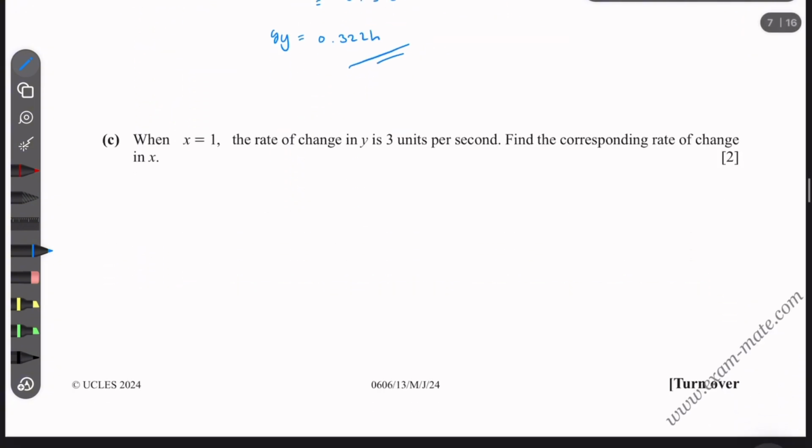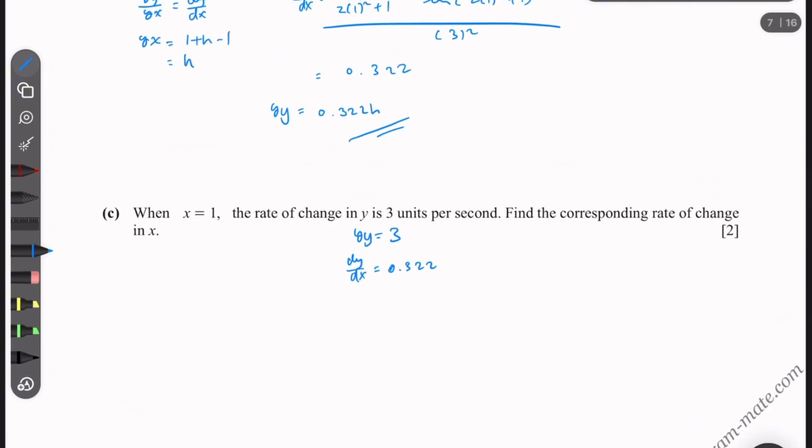So part C, when x equals 1, the rate of change in y is 3 units per second. Find the corresponding rate of change in x. Okay, so delta y equals 3. And dy dx is still 0.322 because x equals 1.